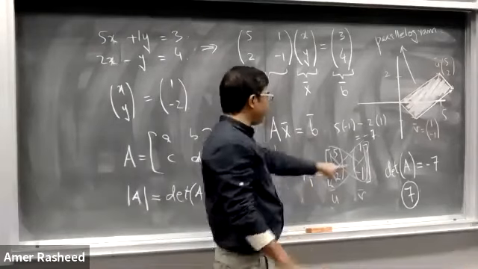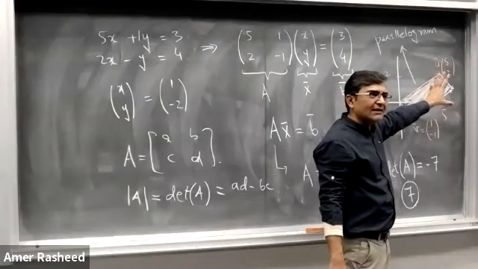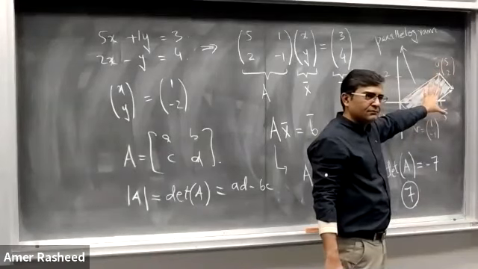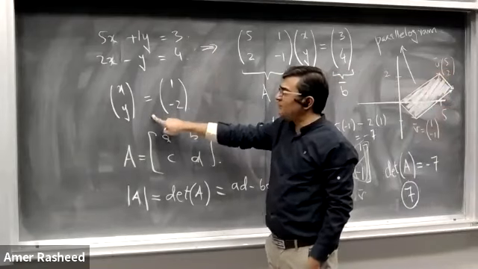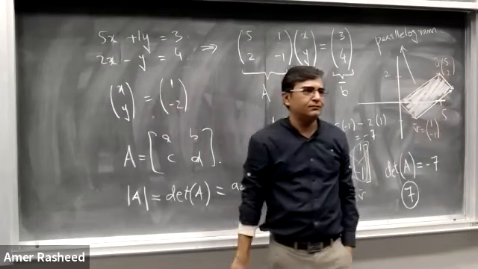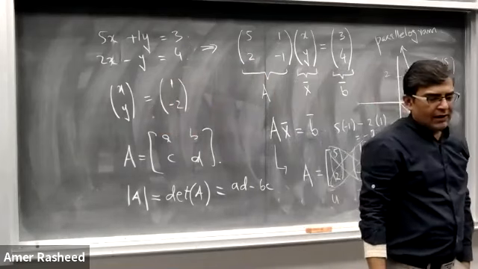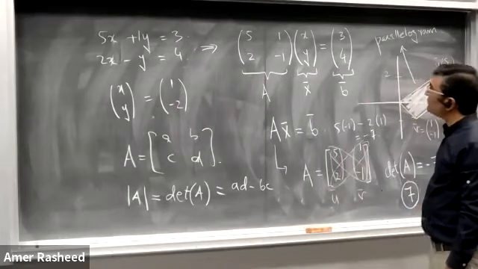Its determinant is different from 0. Then there is a parallelogram and it has an area. In that case, we can find the unique solution of this system, which is 1, minus 2. I hope you get it. If you have any question, you can ask me.